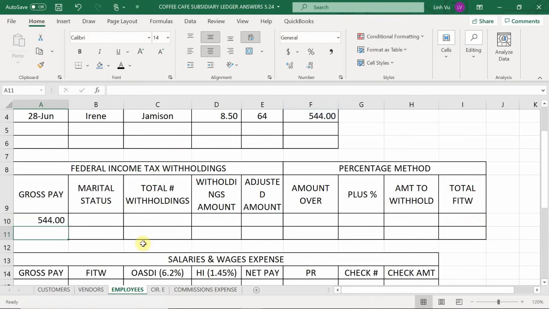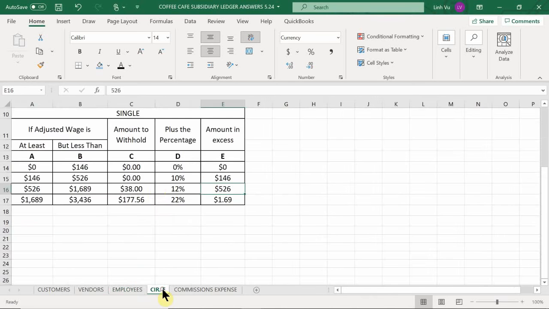In your worksheet, you should have another table called Circular E. Go ahead and click on that. Since I'm making it easier for you, I pulled the table for single people. This is their percentage method, and these are the brackets.